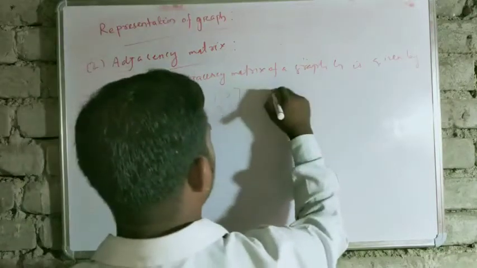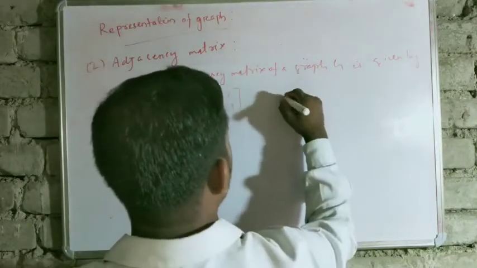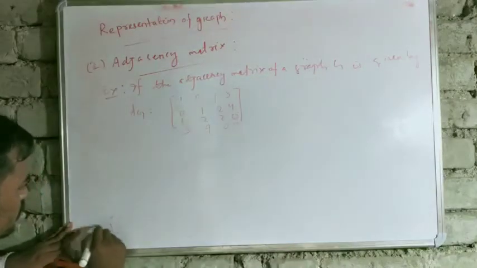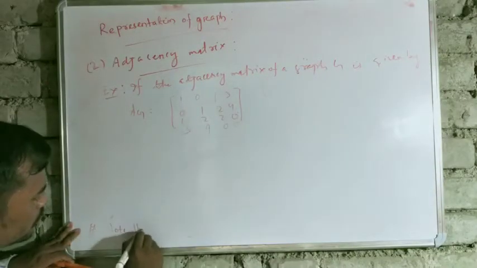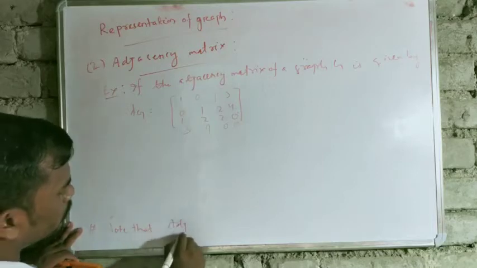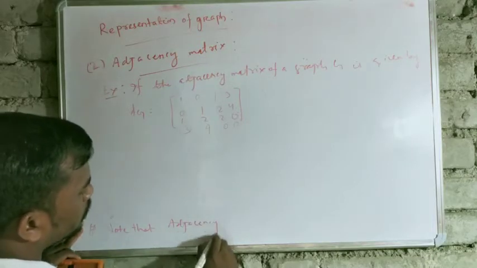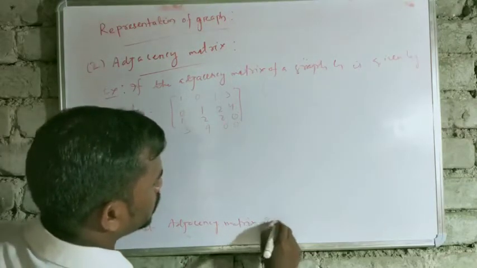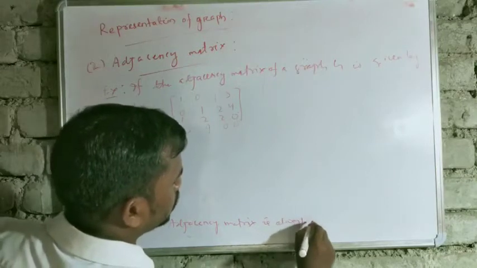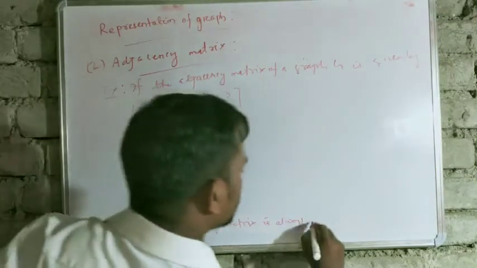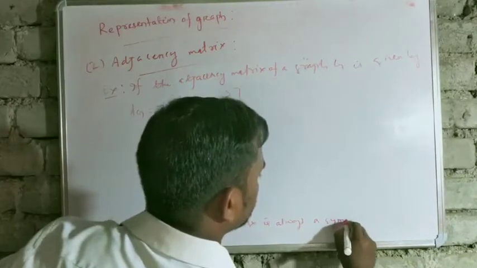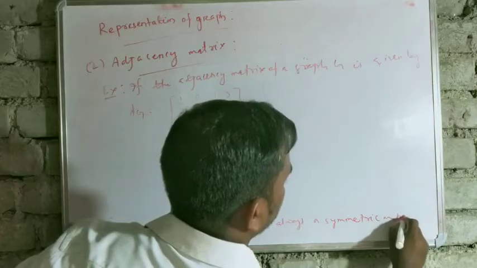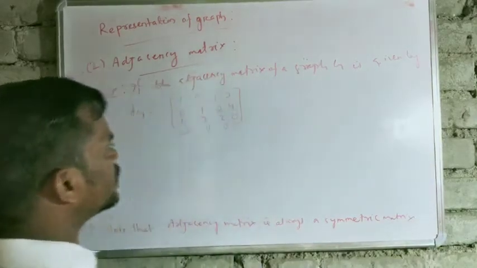So note that the adjacency matrix is always a symmetric matrix.